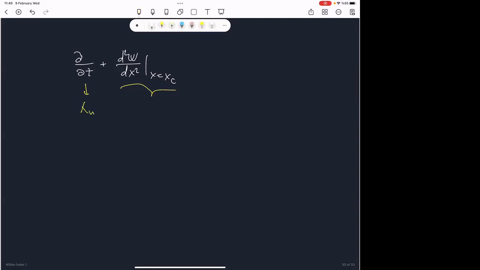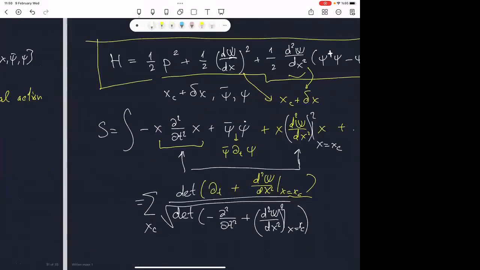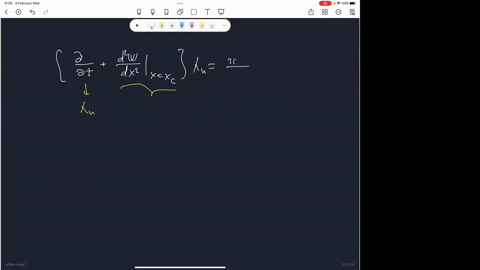Now what happens is that this lambda acts on the eigenvector for this operator, lambda n, and that's just from the first part. If you remember, it was just 2 pi i over beta times n, plus this second derivative, W prime prime, but at the critical point, times lambda n.